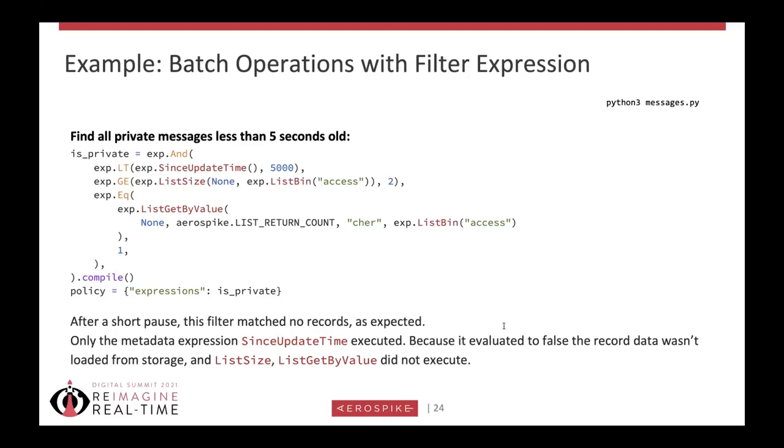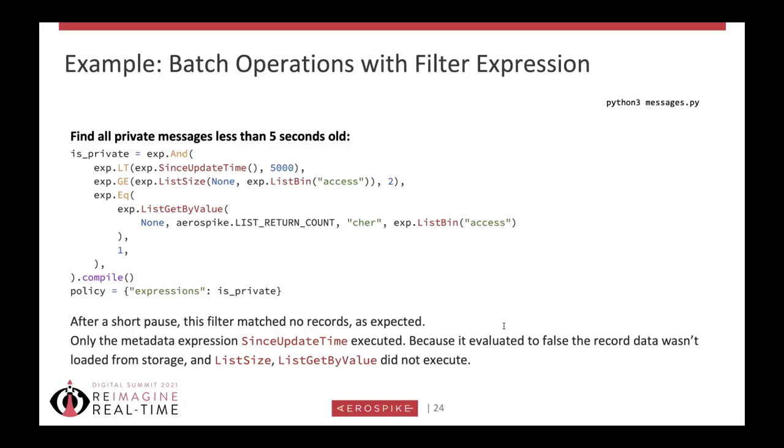After a short pause, this filter matches no record, as expected. And this is an important point to make. The only thing that happens here is the metadata check fails. We immediately fail on since update time being less than 5,000, because we've been talking for quite a while and it's going to be more than 5 seconds old.